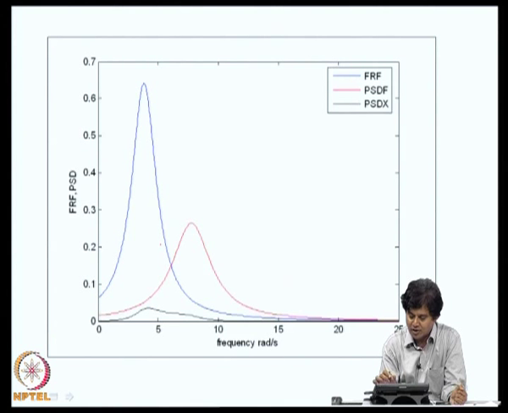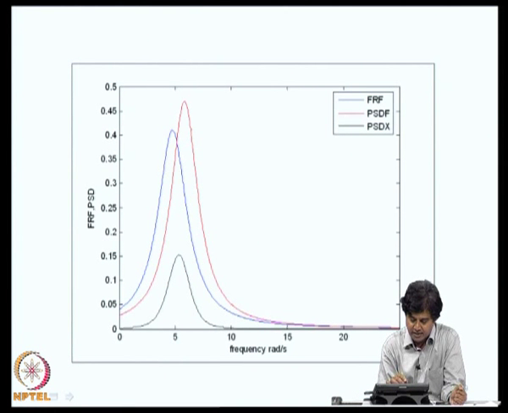So, this is a different choice of relative values of the dominant frequency in the excitation and the dominant frequency in the system transfer function, and the output will now peak at a frequency which is neither the natural frequency of the system nor the dominant frequency of the input. Okay? So, this is off resonance, the input and the system transfer function are off resonance.